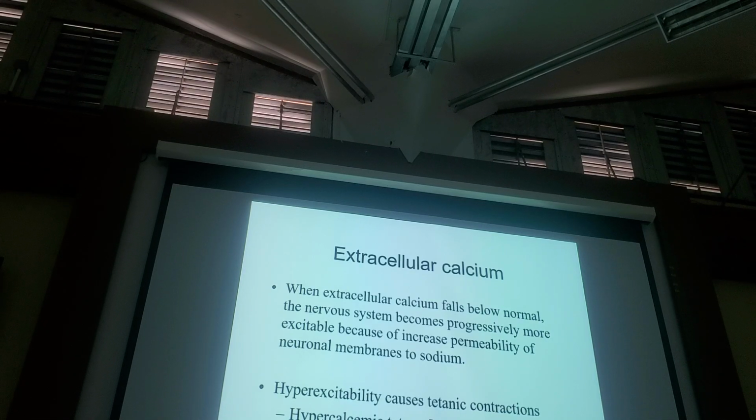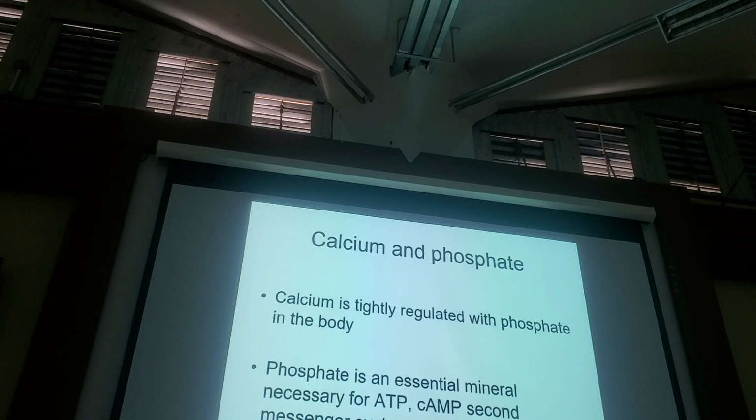That's why the parathyroid are essential for life. So the regulation of calcium and phosphate, they are tightly regulated such that when one is increasing, the other one is decreasing. And interestingly, the product of their concentration is always a constant.